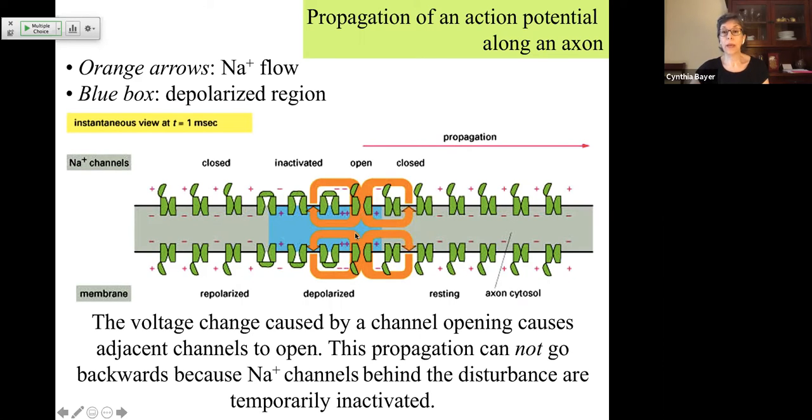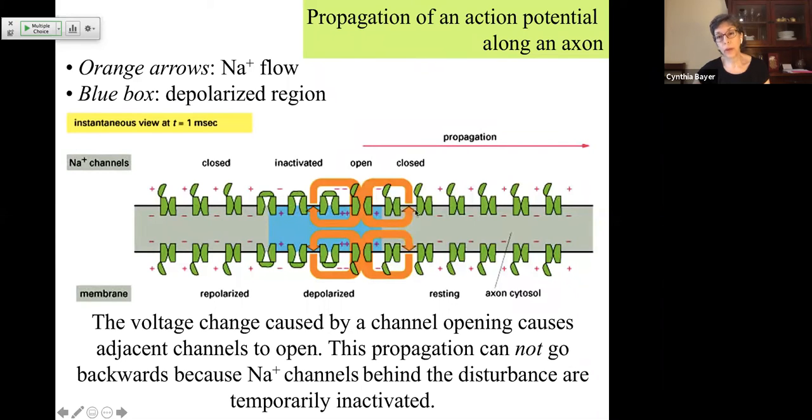Again, this wave is only going to move in one direction, only move to the right, because the sodium ion channels that had previously been opened can only move to an inactivated state, and they will temporarily be inactivated until the membrane is repolarized. And then they're closed, and they can then be stimulated by the next change in membrane potential that will allow them to open again.